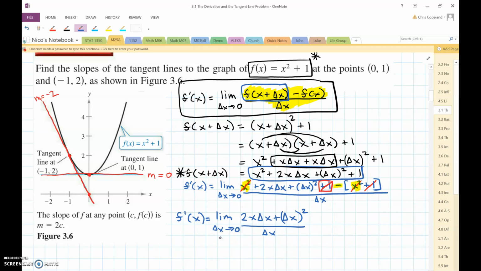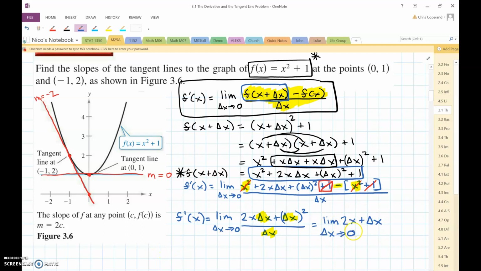And then the only thing else that I can do here, I can take the limit. Notice that I have this delta x here, delta x here, and delta x here. I can divide all of those by delta x. So that's going to give me 2x plus delta x as delta x goes to 0.